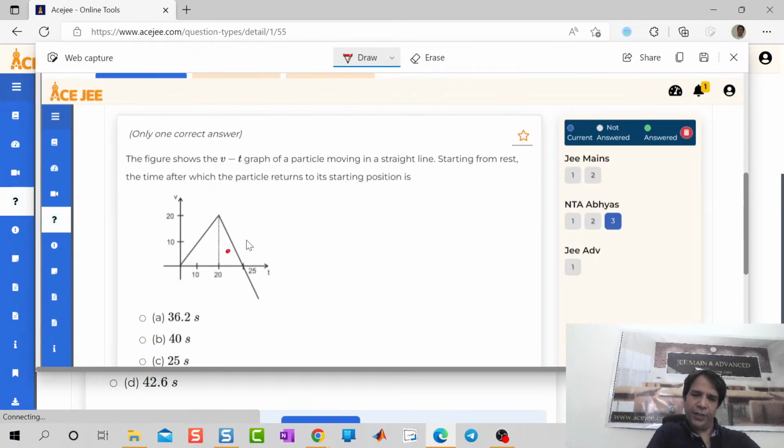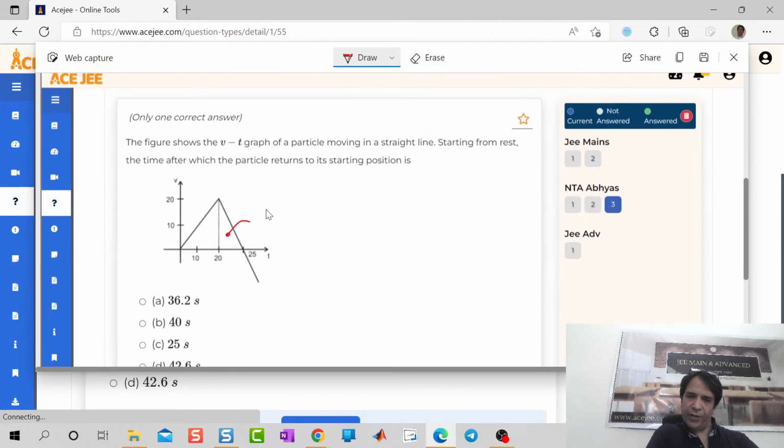So what is the area of this, or what is the distance traveled toward the positive direction? The particle starts, let's say at t equals 0, it's here. Then at t equals 25 seconds, it stops, and then it starts to come back.